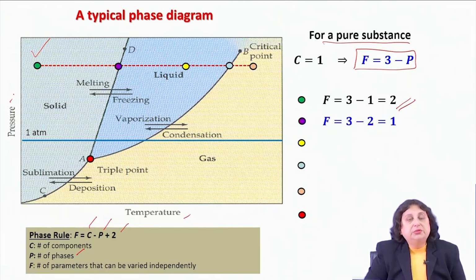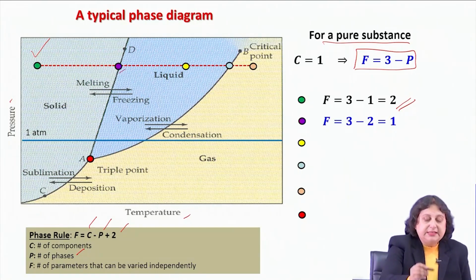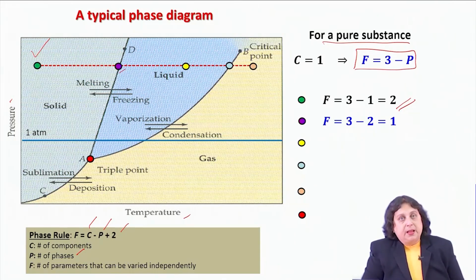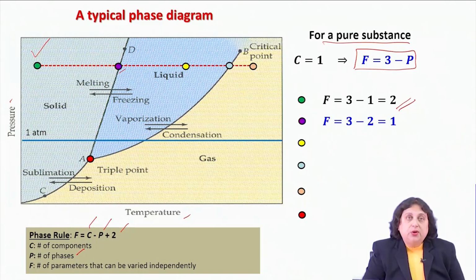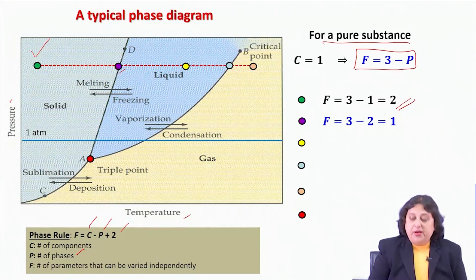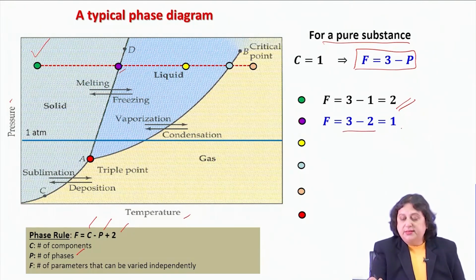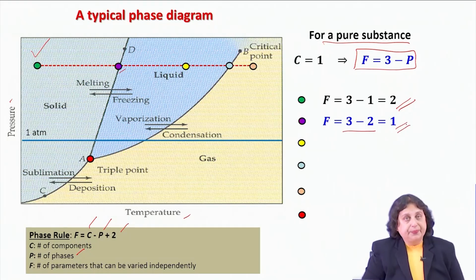Now when I come to the purple point as shown here, I am on the liquid and solid coexistence line, and therefore here I have P equal to 2 because 2 phases coexist in equilibrium. Therefore F now is going to be 3 minus 2, that is equal to 1.